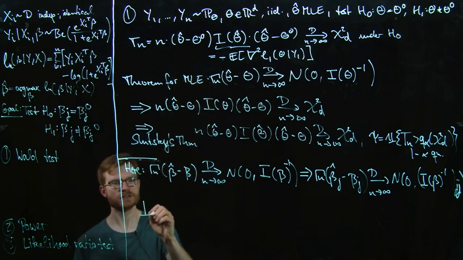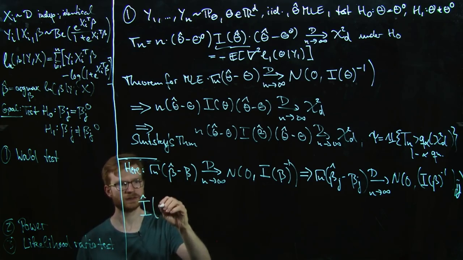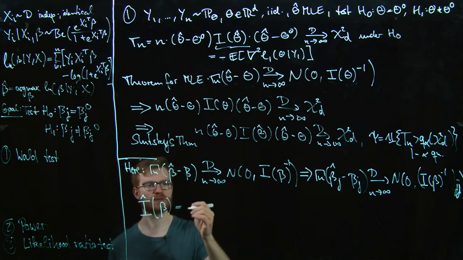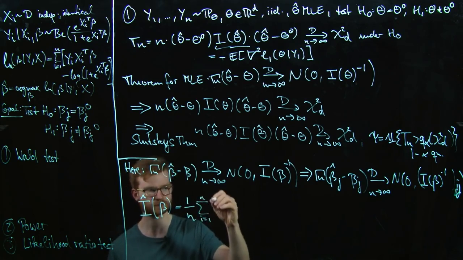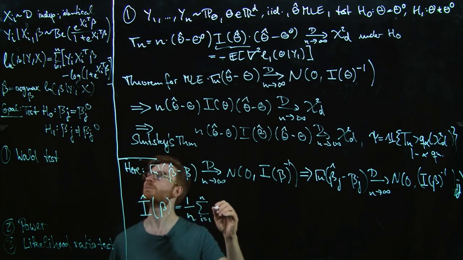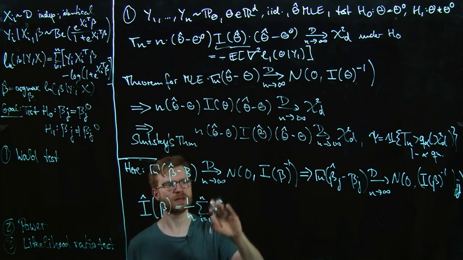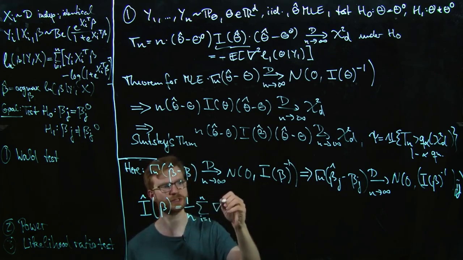So we have an estimate of the information by averaging out the corresponding second derivatives of the likelihood, the Hessians, because then I need to invert it.